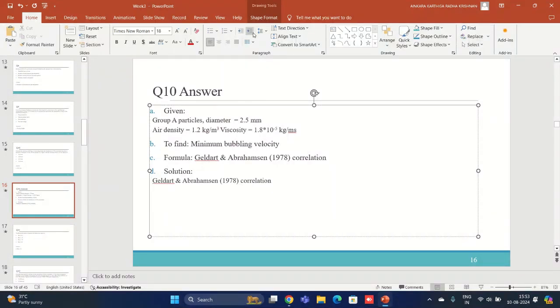So does anyone of you want to give the Geldart and Abrahamson 1978 correlation? You can give, or else we'll solve the problem however. Okay, I'm just giving the formula myself. For group A particles, it is important.